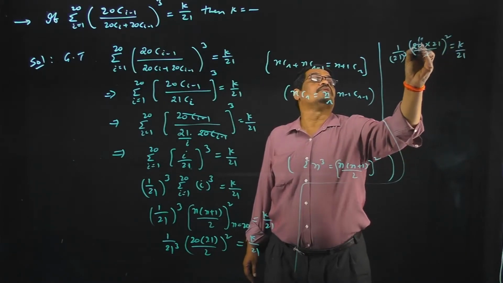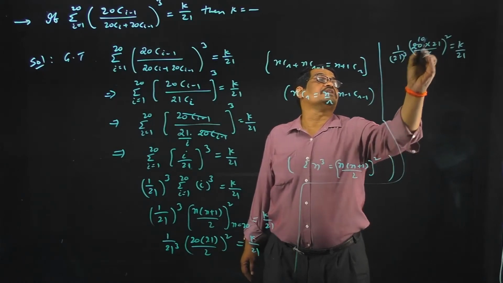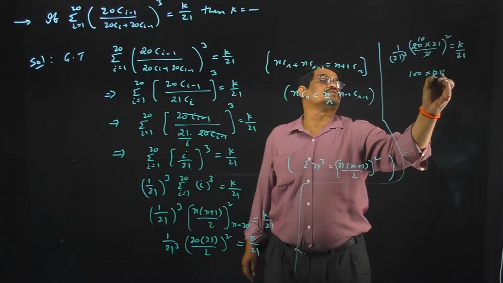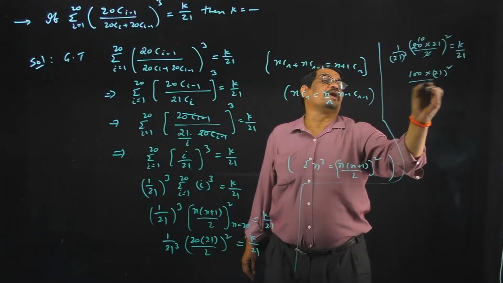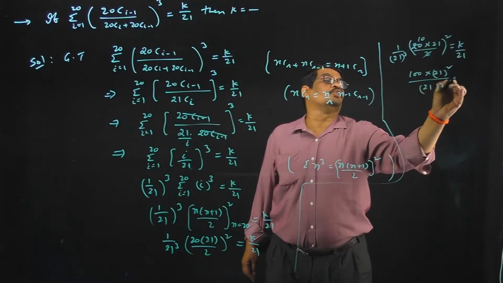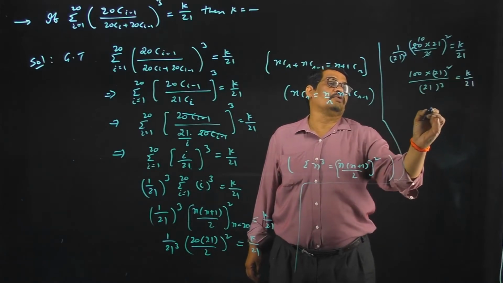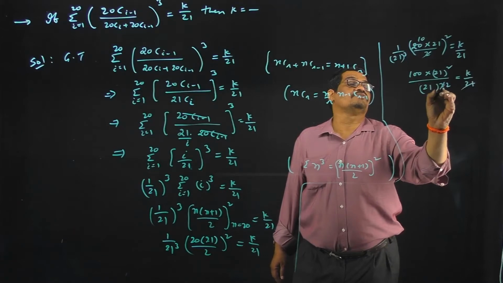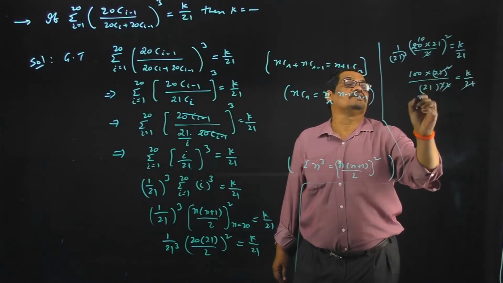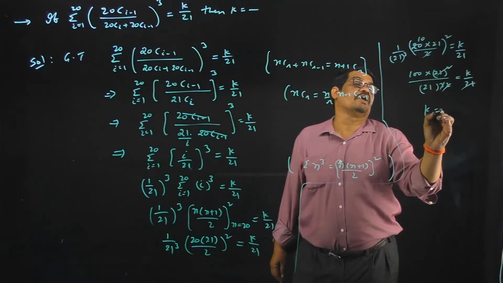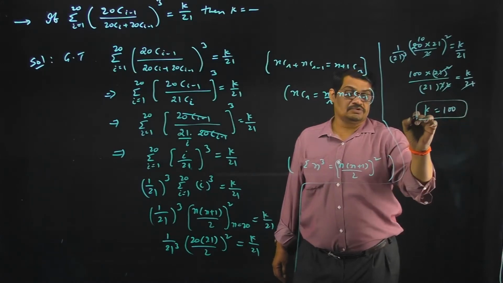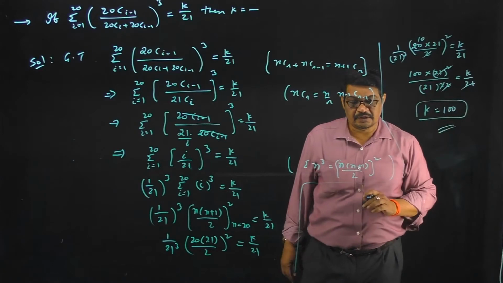Here 20 by 2 is 10, 10 square is 100, into 21 square by 21 cube, equal to k by 21. Here the 21 square and 21 square will be cancelled. So we are getting k equal to 100. So the value of k is 100.